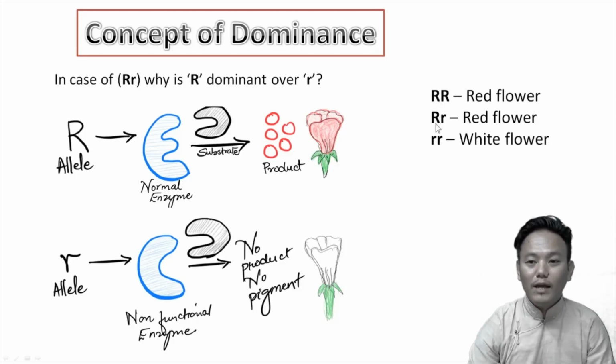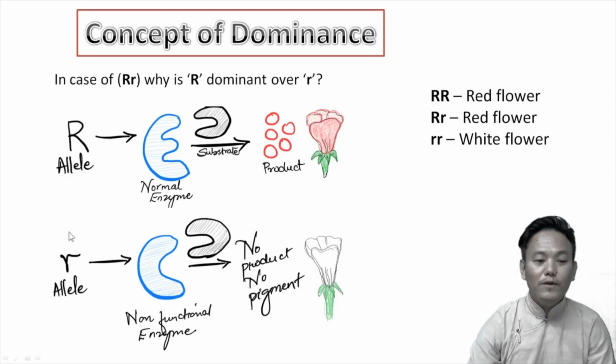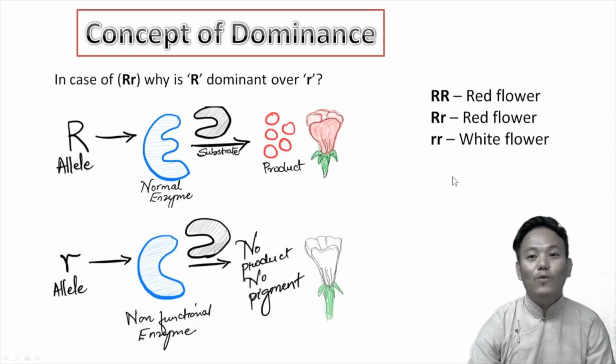When the capital R is present along with the small r, the flower will still be red, because the capital R allele will produce a normal enzyme anyway, and the individual will have a red flower. However, when the individual has two small r's, both alleles produce non-functional enzyme, and the flower color of that individual will be white.